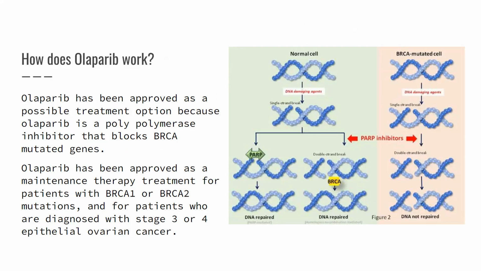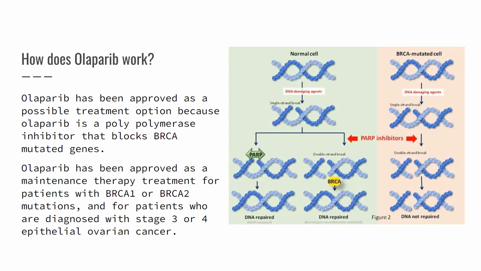So how does Olaparib work? Olaparib is, again, a poly ADP-ribose polymerase inhibitor, which means that it's a drug that blocks a gene-repair pathway that helps repair DNA. BRCA mutations also hinder DNA repair, so Olaparib can exploit that.